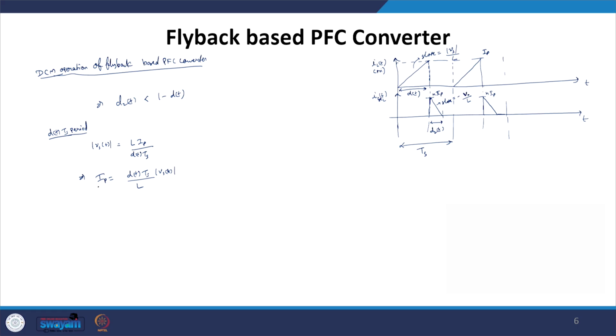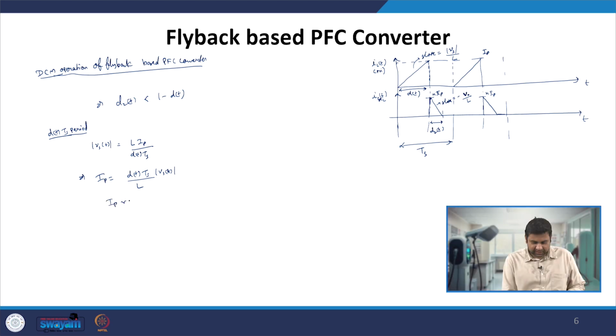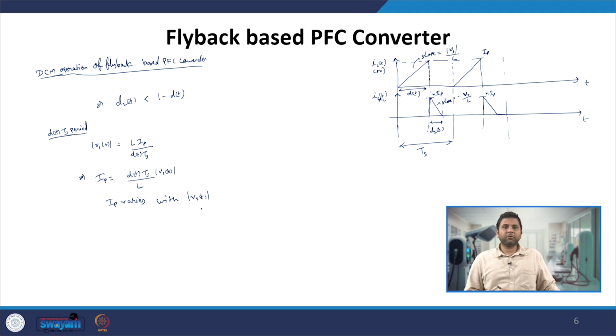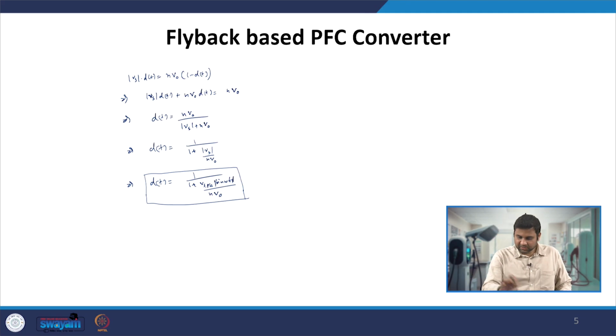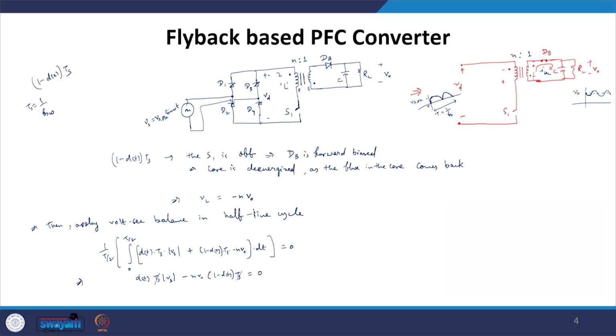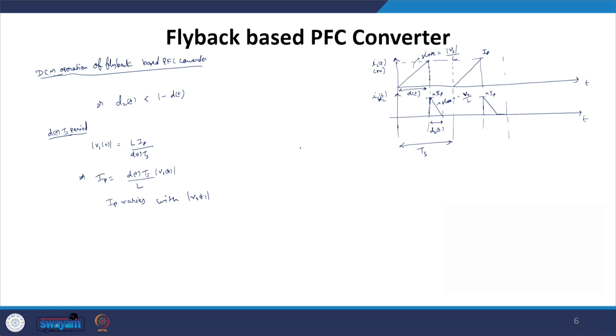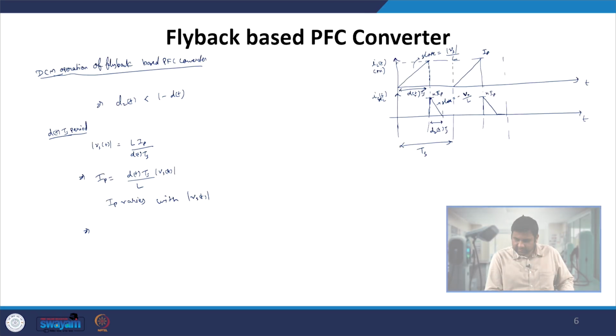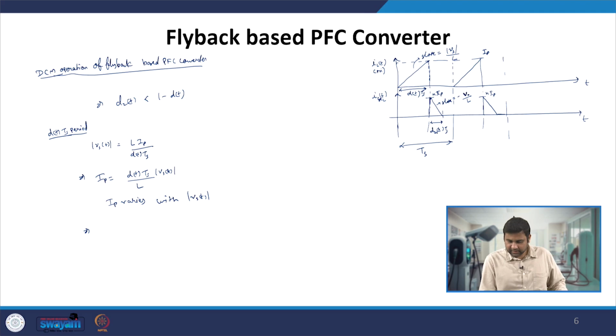So we get that the peak value of the inductor current varies with modulus of Vs of t, and since it varies with modulus of Vs, that means we can ensure that the current drawn from the AC source is also varying sinusoidally. Now there is a correction, this is d of t times Ts here, and this is d2 of t times Ts.